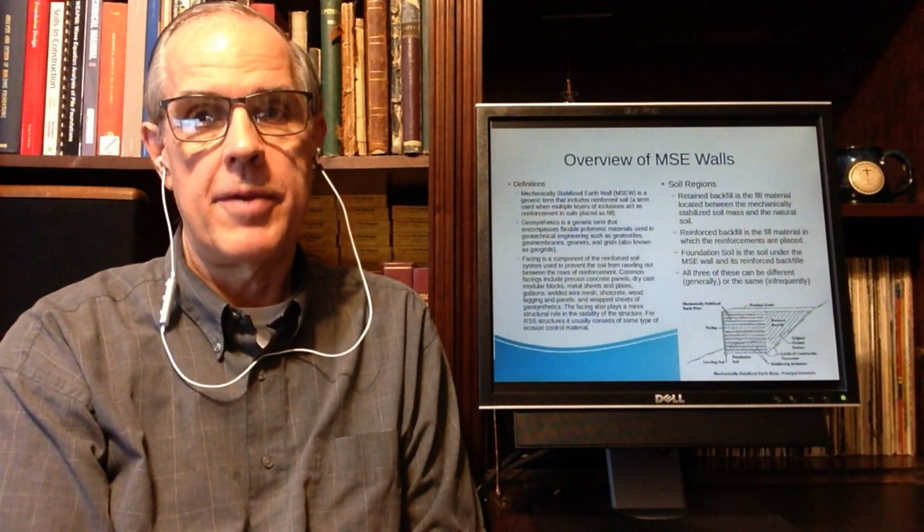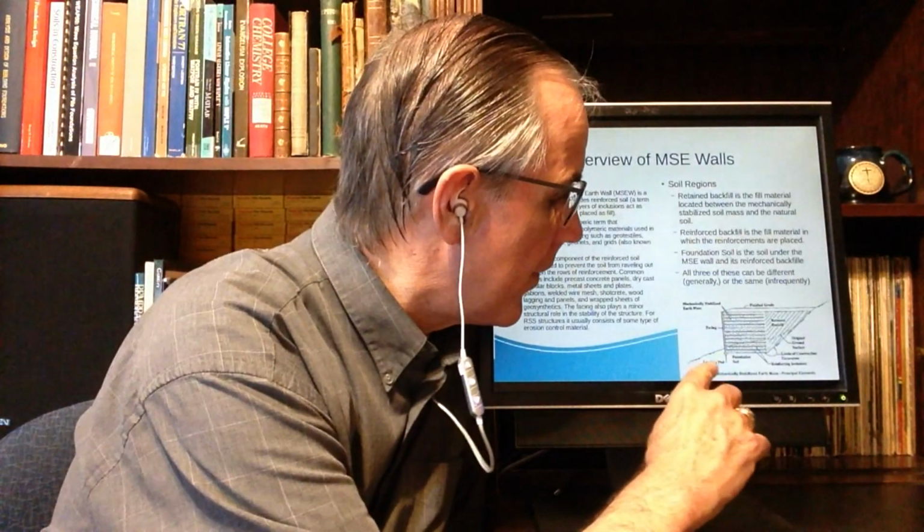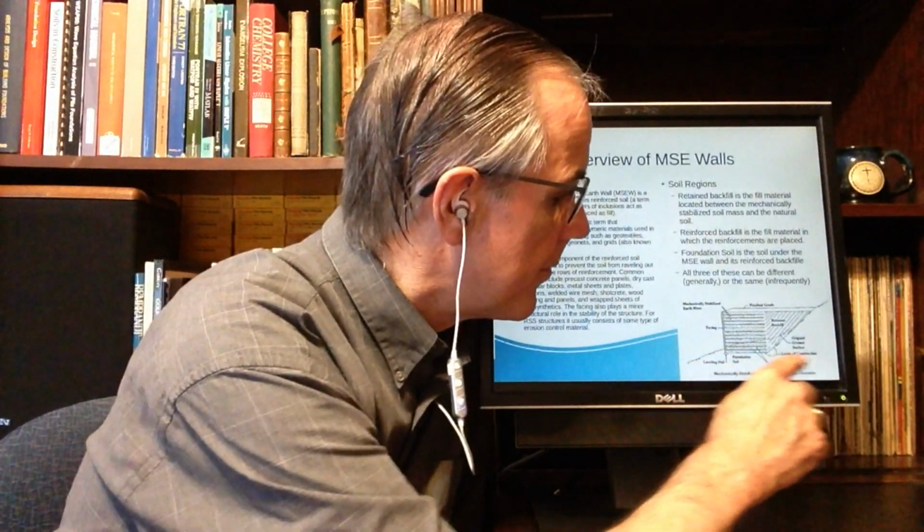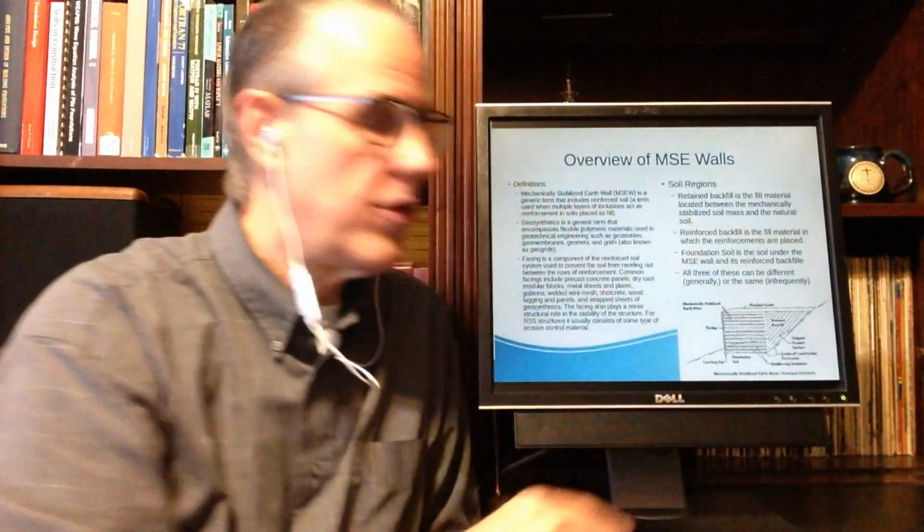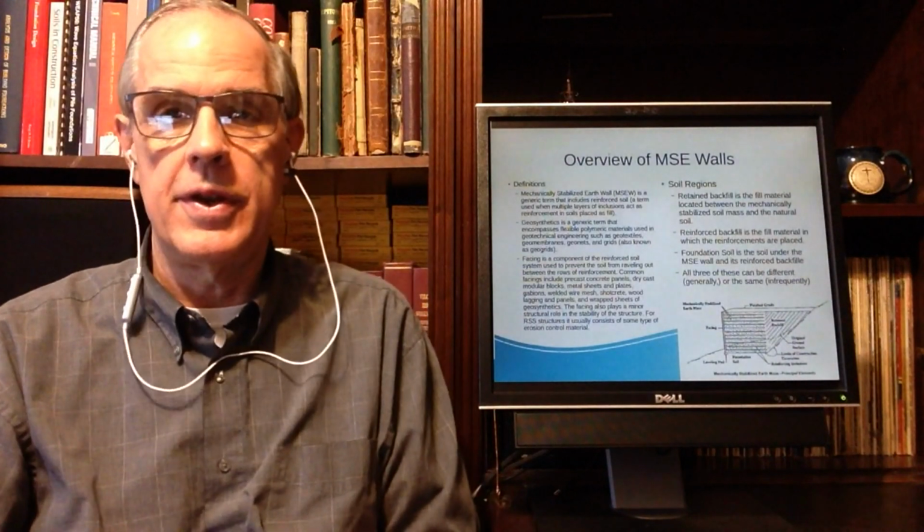That becomes very important. So you'll need to keep an eye on that. And under all this is the foundation soil, which is the soil on top of which the MSE wall is placed.